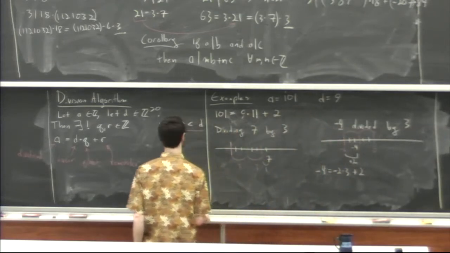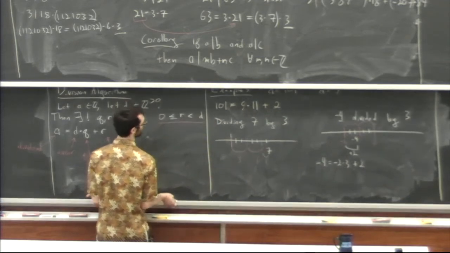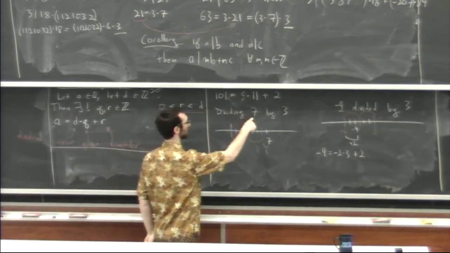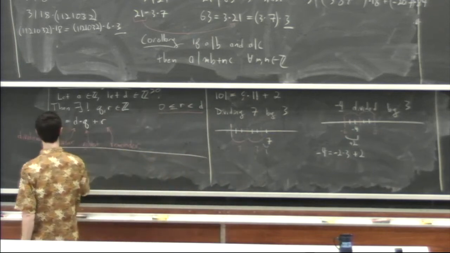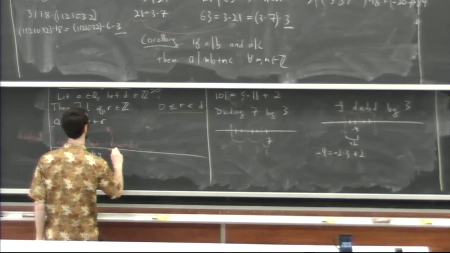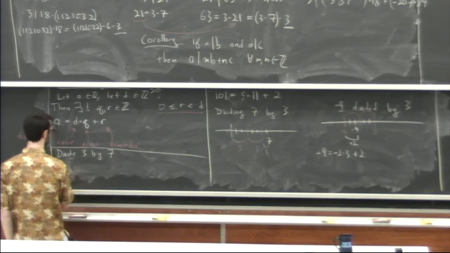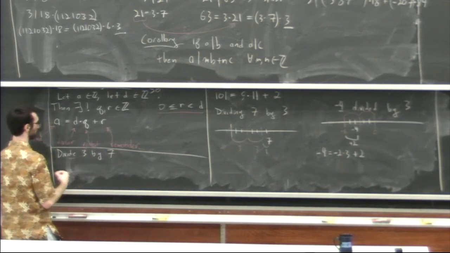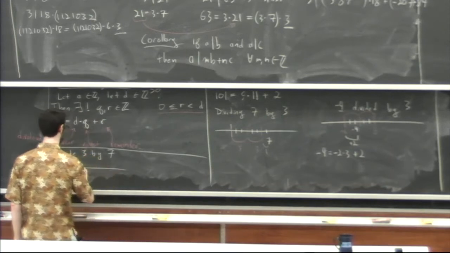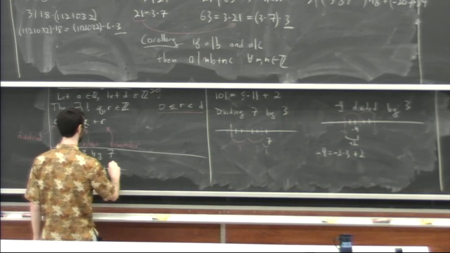Let's do one more example of this sort of thing. We can do it over here. Let's think about now switching terms. Instead of dividing 7 by 3, let's divide 3 by 7. Once again, I draw my picture. 0 is a multiple of 7. And then I count 1, 2, 3, 4, 5, 6, 7.